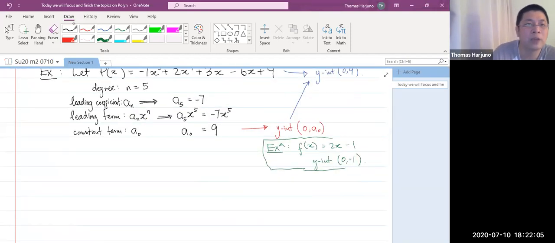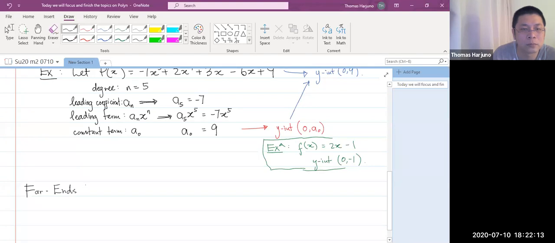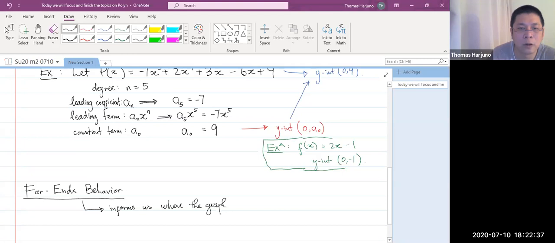Now, far end behavior. Far end behavior basically informs us where the graph of a function is going when x goes to infinity and when x goes to negative infinity.